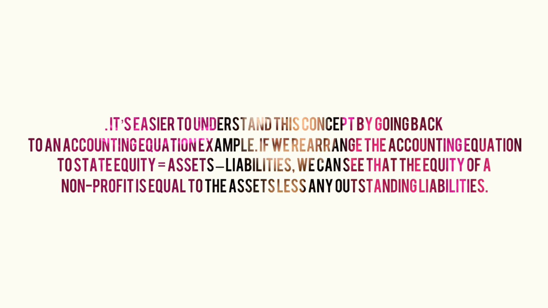If we rearrange the accounting equation to state equity equals assets minus liabilities, we can see that the equity of a nonprofit is equal to the assets less any outstanding liabilities. You can see from our example template, the balance sheet is listed in the accounting equation order.